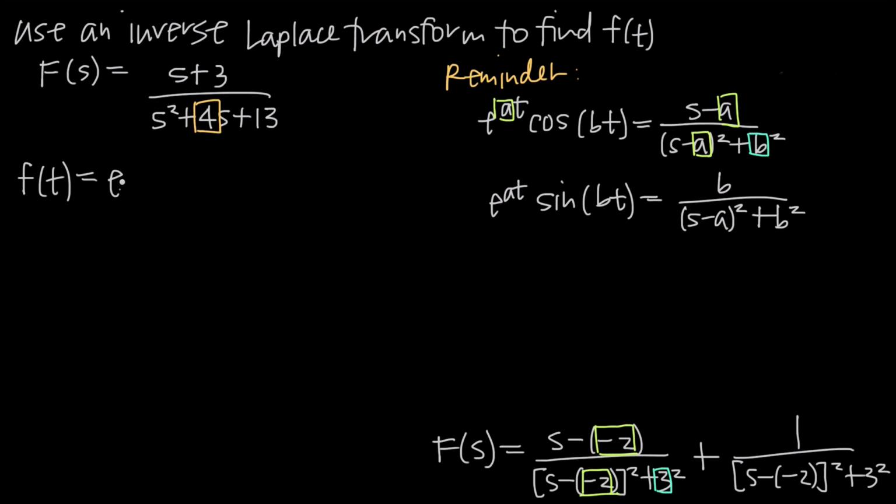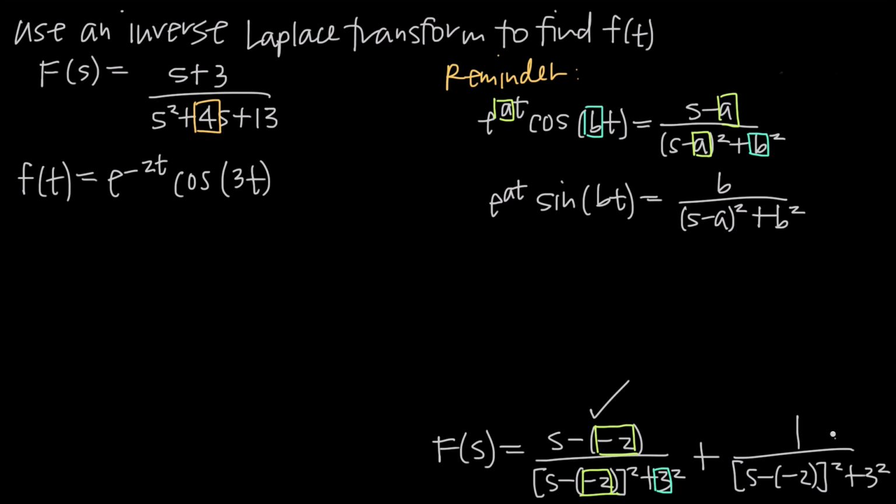So we're going to have e to the -2t times cosine of bt, and of course b comes from the value of b on the right-hand side, which we've already said is 3. So what we're going to end up with is cosine of 3t. So we've transformed then this first fraction.